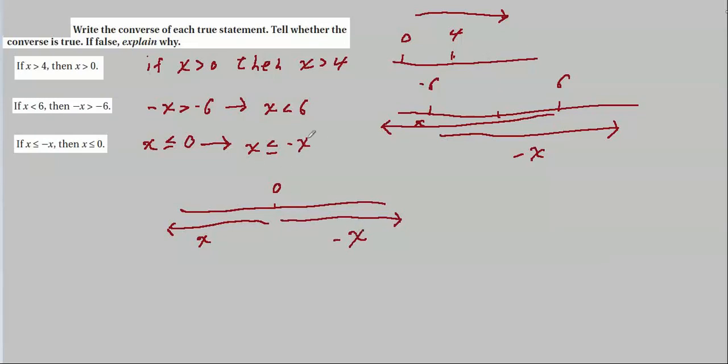So minus x is a positive number and x is a negative number. Positive numbers are greater than negative numbers. And since there's the possibility of 0, they included the endpoints, and x could be equal to 0, but they accounted for that in the or equal to part. So the statement is true.